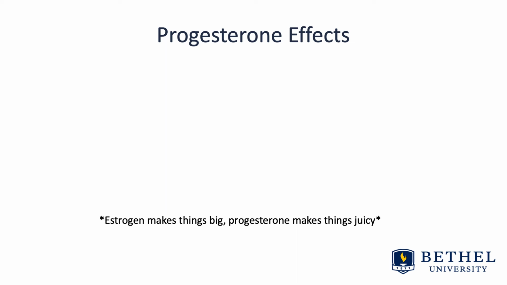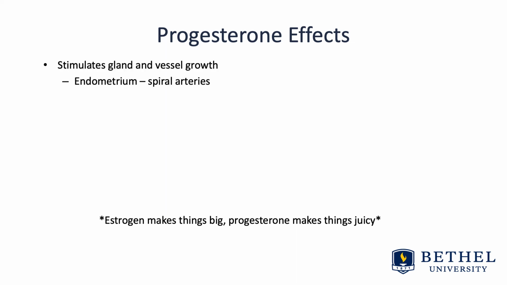So in the first half of the cycle, estrogen has built up that endometrial lining and starts to get some of the vessel growth going, and then progesterone really runs with that. So it stimulates gland and vessel growth and helps make those arteries really spiral and full and juicy in the endometrium. And that's exactly what we want to prepare the endometrium for a possible implantation so that it can develop a good, strong, healthy placenta.